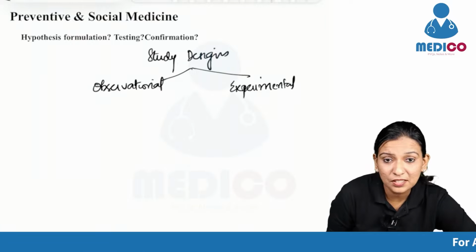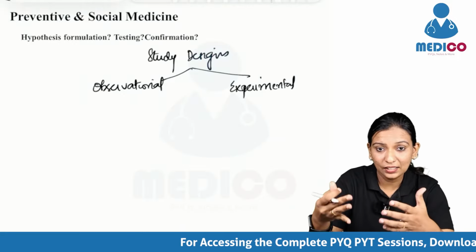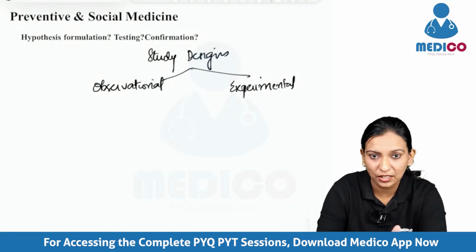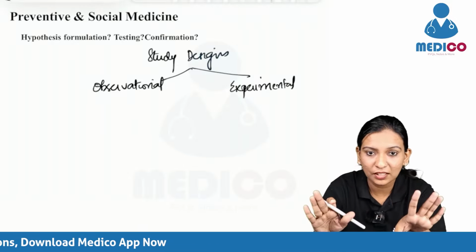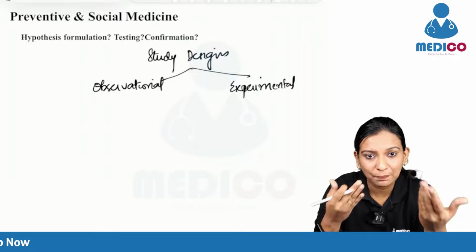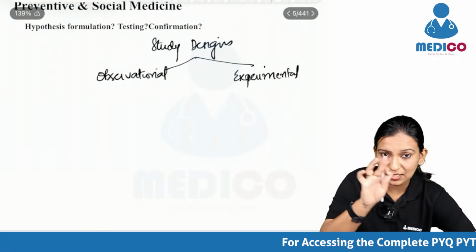What is the basic difference? In experimental, the investigator intervenes and gives an intervention. Okay, I'm doing an experiment there. Whereas in observational studies, I'm not doing anything. It's the nature that is doing. Whatever is happening, you're just observing and then you come to inferences.